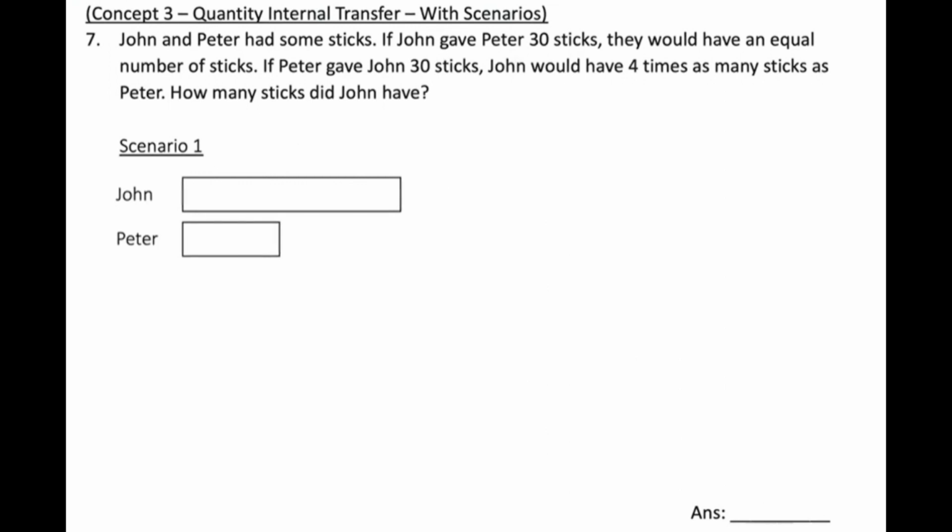Logically, if John gives Peter 30 sticks, they are equal. Logically, it means that John has 60 more than Peter, correct? So basically, if I give this 30, right? I give to Peter and they become equal, it means this piece must also be 30, right? And this is 30, right? Which means that originally, John must have 60 more than Peter.